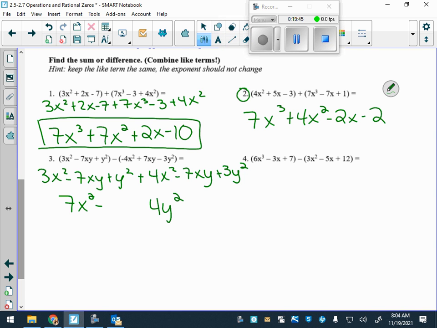Be careful of signs. Make sure you distribute that negative all the way through. Yep. Okay. All right. So 7x squared minus 14xy plus 4xy plus 4y squared. Okay. Try 4. Go ahead.